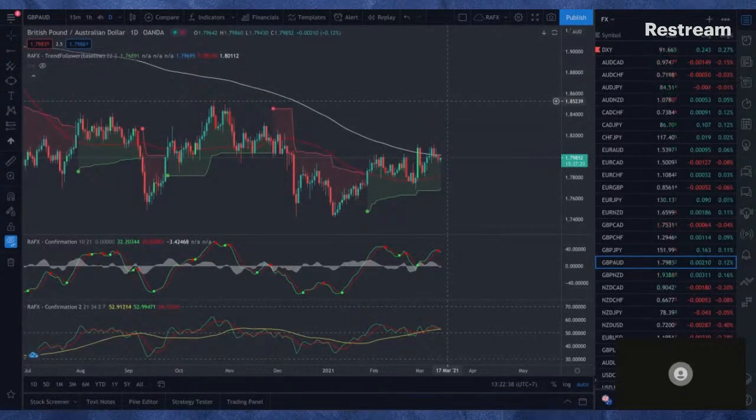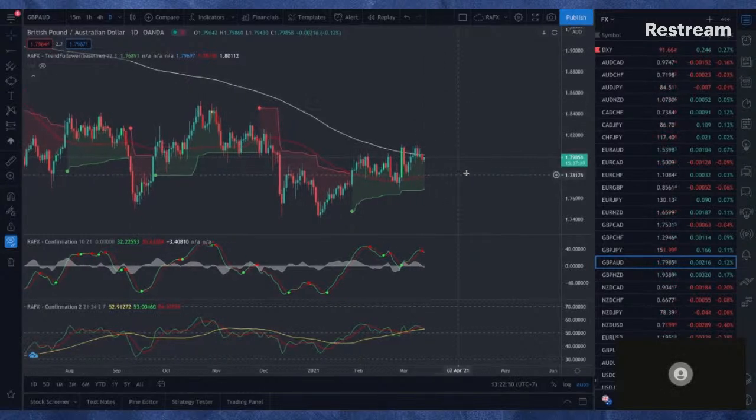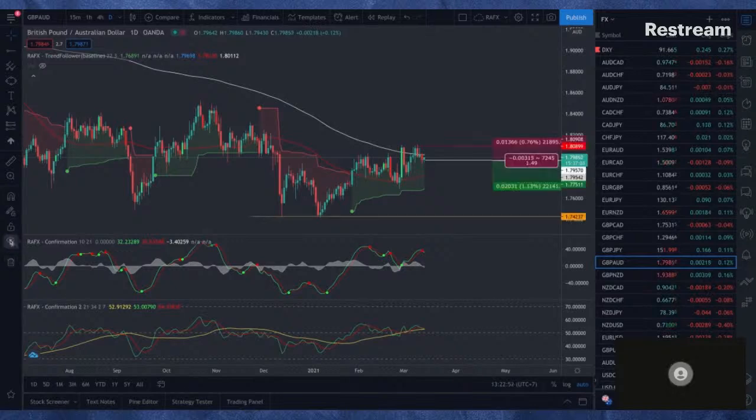GBP AUD is in a downtrend because currently the price is below the 200 baseline. Actually, I entered this one earlier today.